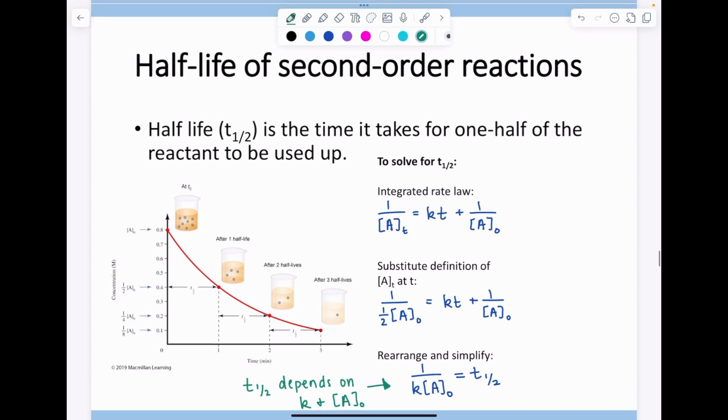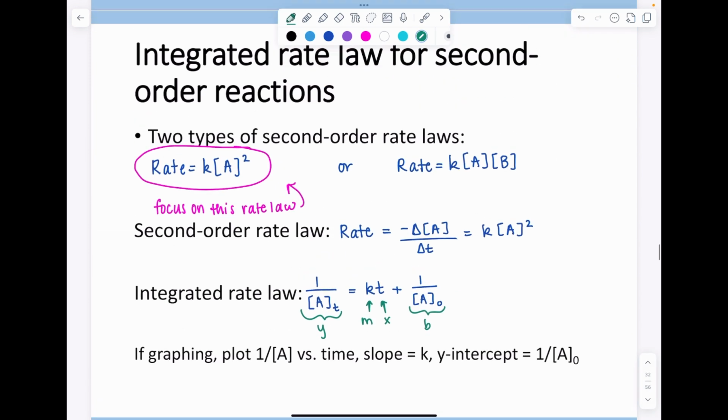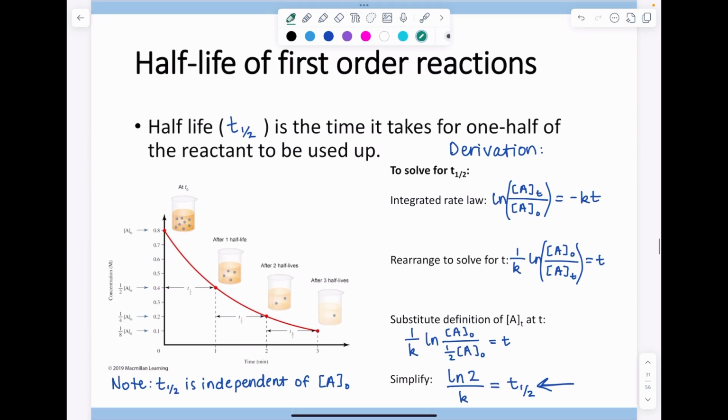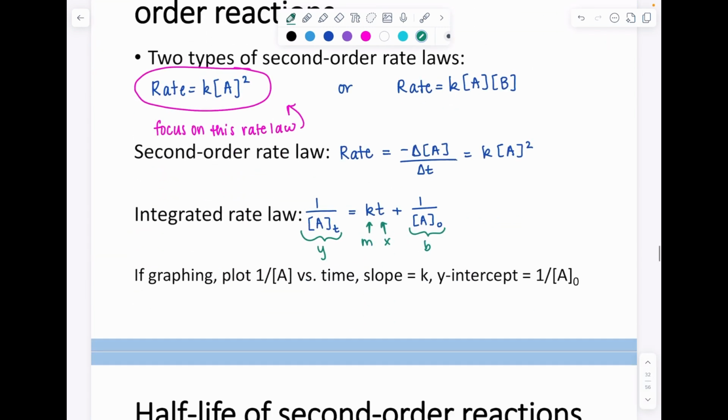I'll scroll up a couple of slides here. The half-life for a first order reaction depends only on K. So we can write that down here. So that's for first order, scrolling down.